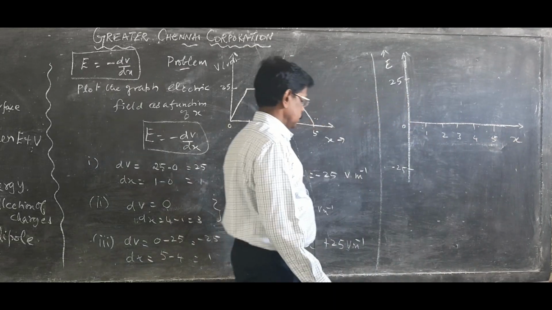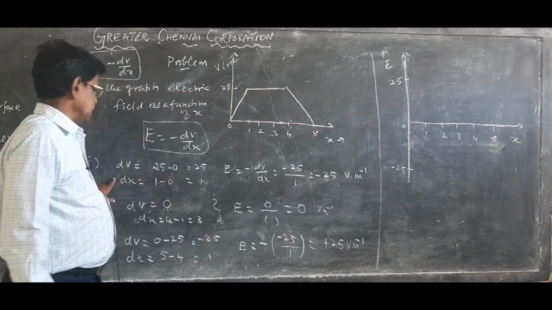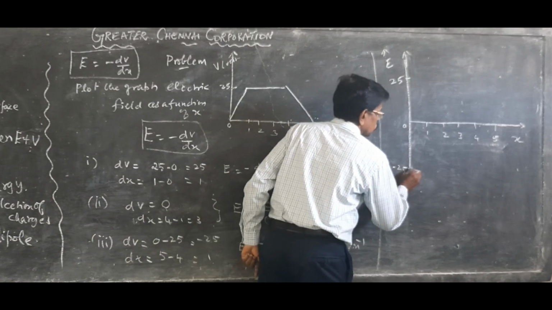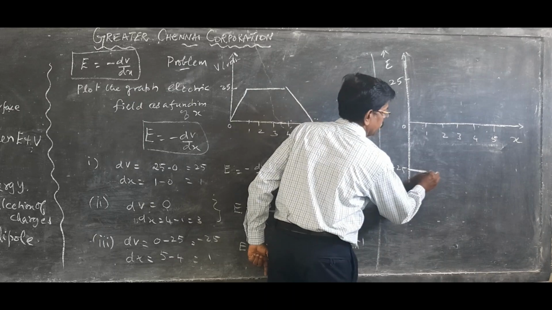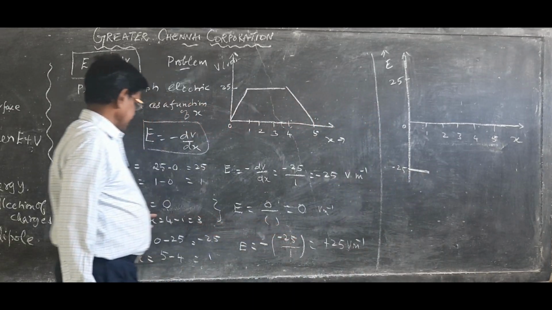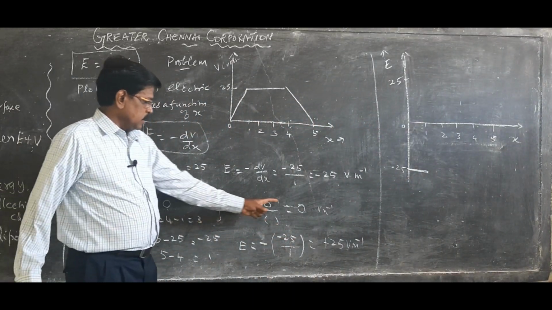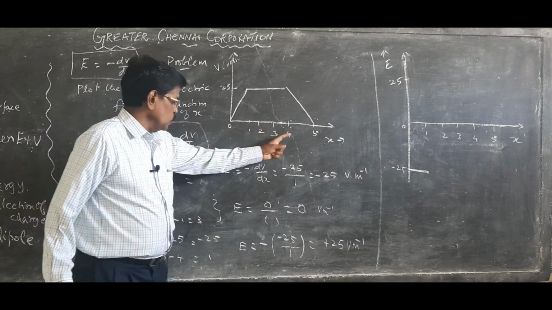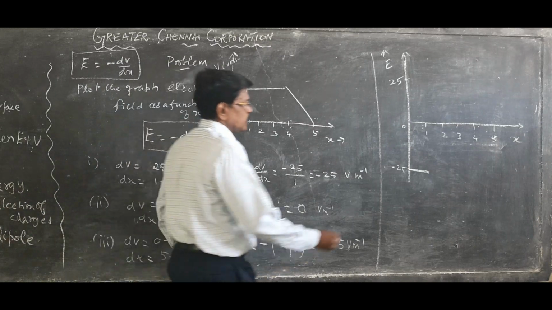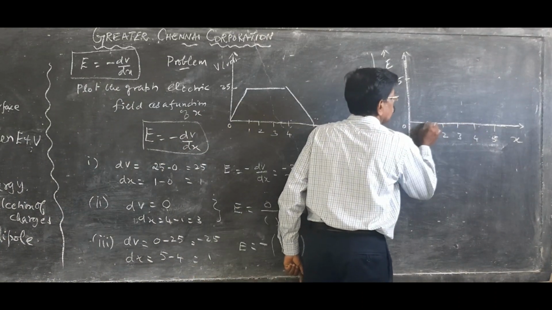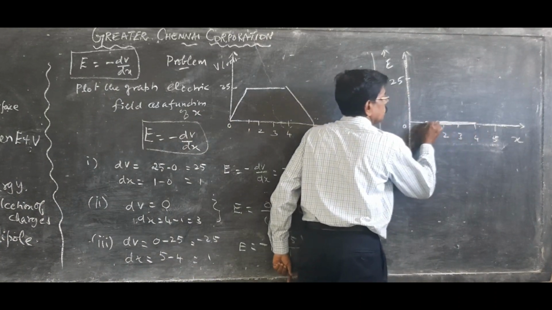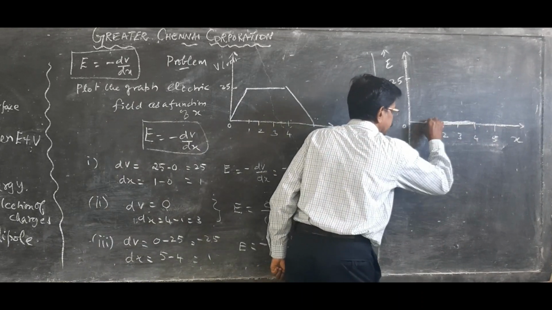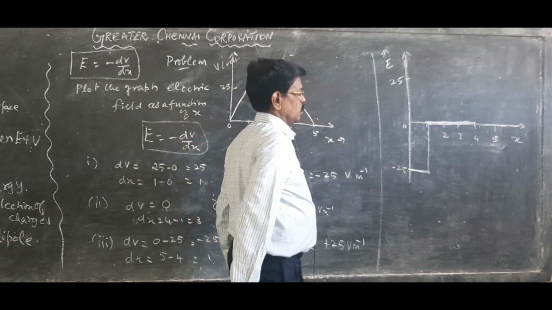The distance. Now, for the first case, what is the value of E? Minus 25, from 0 to 1. For the second case, between 1 to 4, the electric field is 0. That means it is changing from minus 25 to 0.